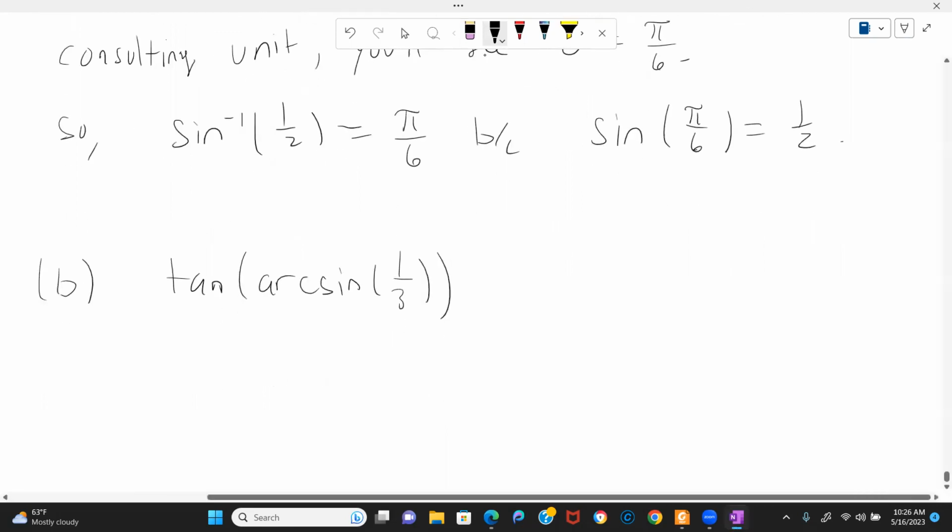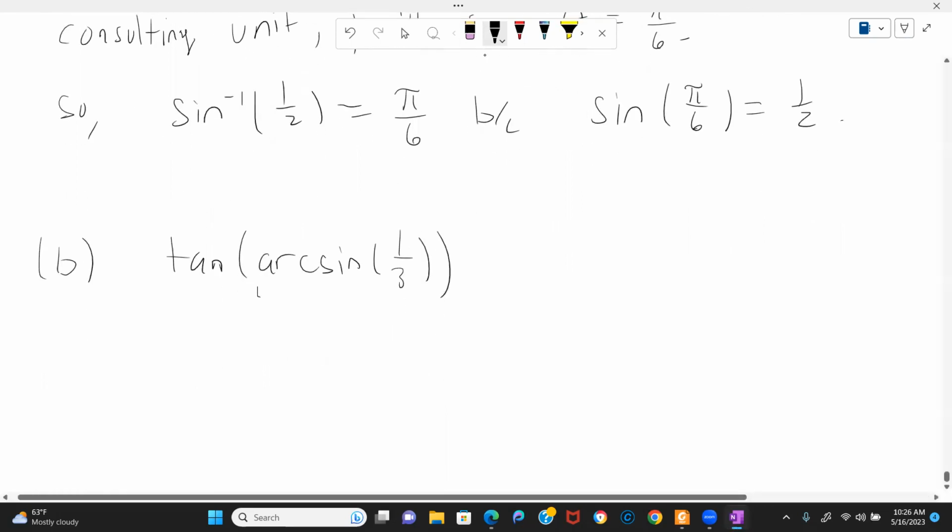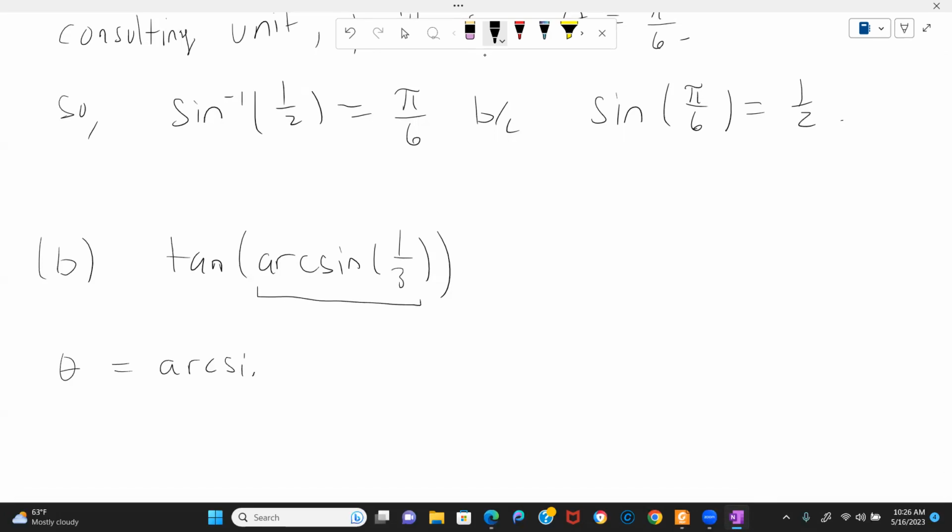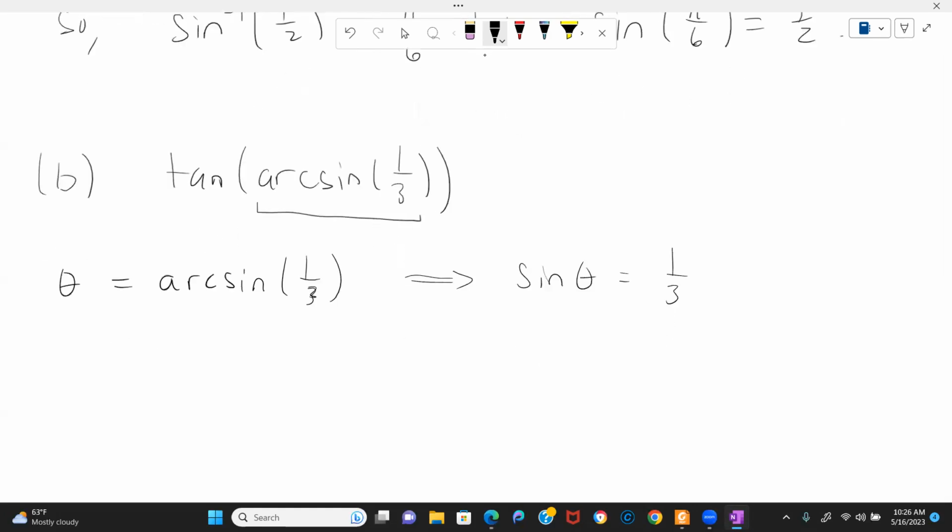So to solve this, note that arc sine, or the sine inverse, gives you angles, right? So we're going to say theta is equal to arc sine of 1/3. It's going to be some number, we don't know. But whatever it is, it has to satisfy sine theta equal to 1/3.